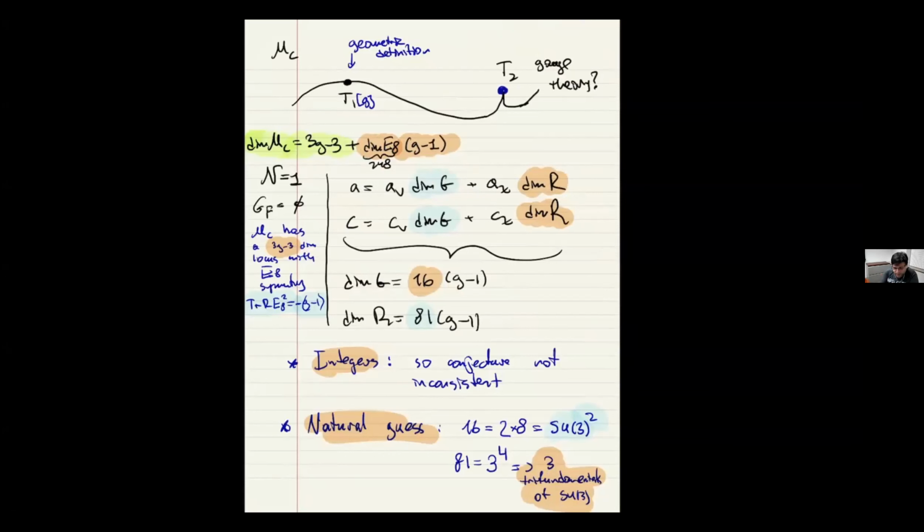Okay, so we will ask the same question as in the first example. We find a theory which has a conformal manifold. Here, the conformal manifold is much bigger. It has 3G minus 3 dimensions, which come from the stress energy tensor, but it also has 248 times (G minus 1) dimensions, which come from the conserved current.